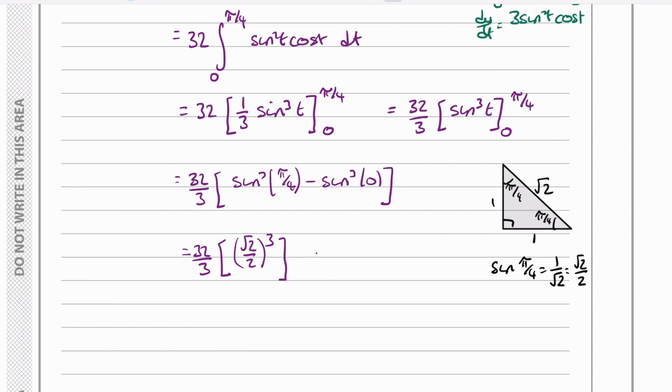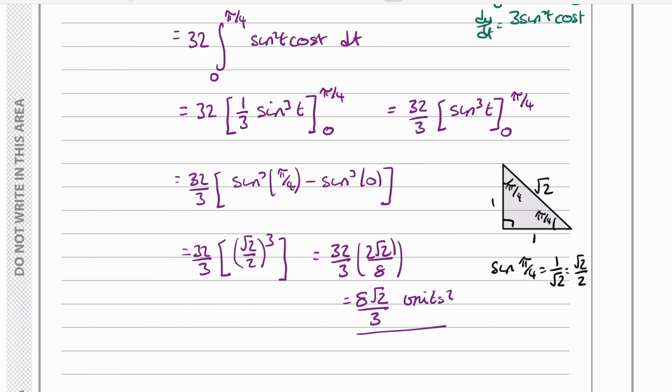So we can simplify this. 32 over 3 multiplied by 2 root 2 over 8. Well, the 32 times the 2 will give us 64, divided by 8 will give us 8 root 2 over 3. And that will be in units squared.